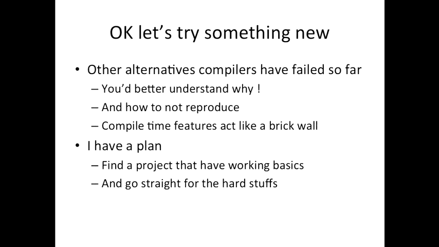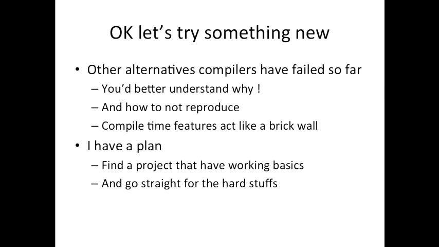There have been other attempts to make an alternative compiler for D, and so far they have all failed. I really wanted to understand why before starting my own project, because I don't want to end up the same way as the others. Basically, they fail because they try to build the compiler in the expected order: you do the lexer first, then parsing, then semantic analysis, and more and more stuff.